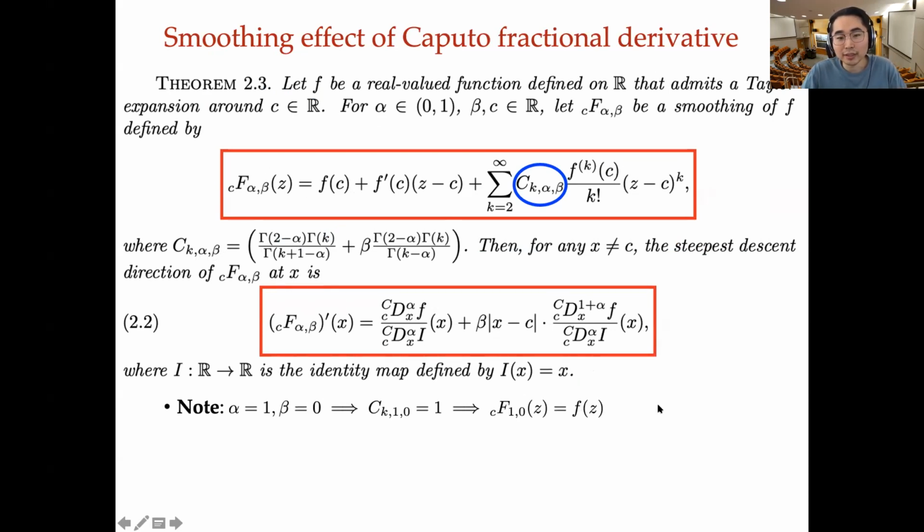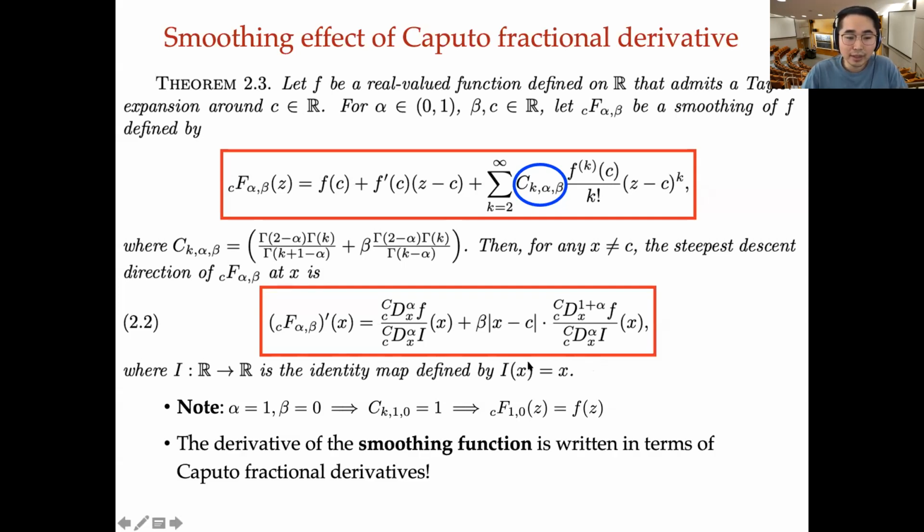Then you recover standard gradient descent. In simple words, the fractional Caputo derivative arises from a specific type of smoothing of the original target function. This somehow justifies why we want to use the fractional derivative for minimizing the objective function.